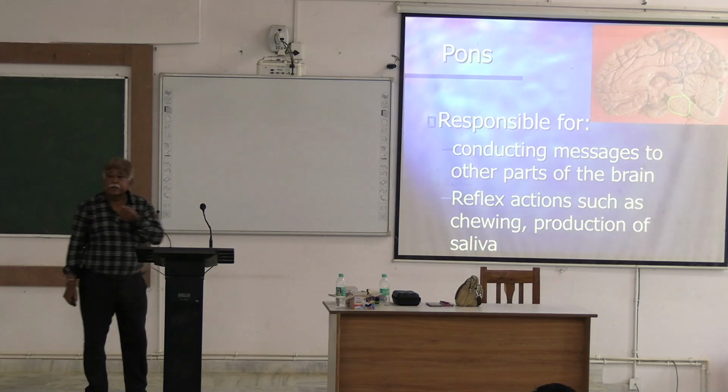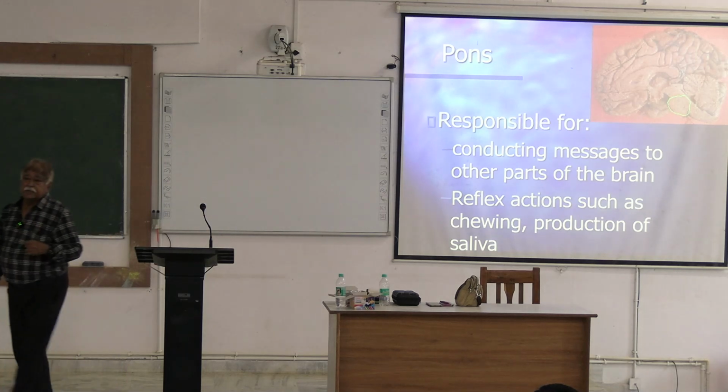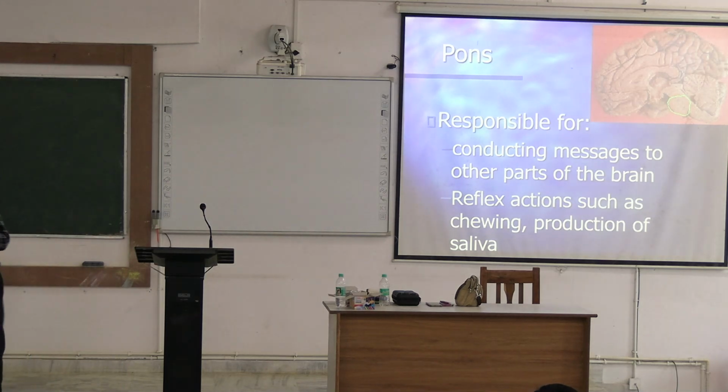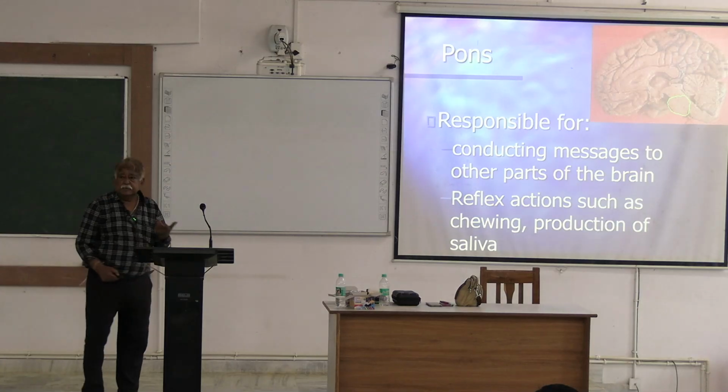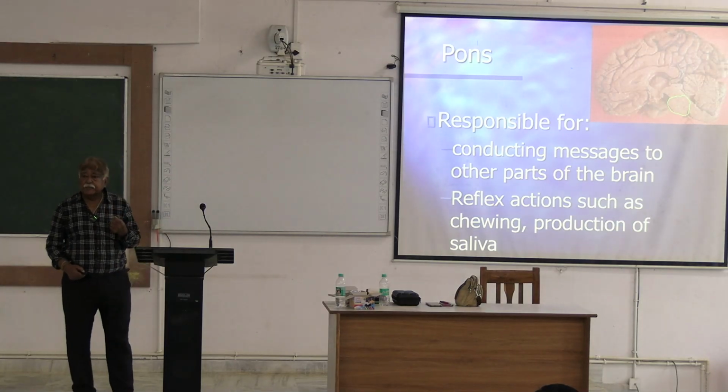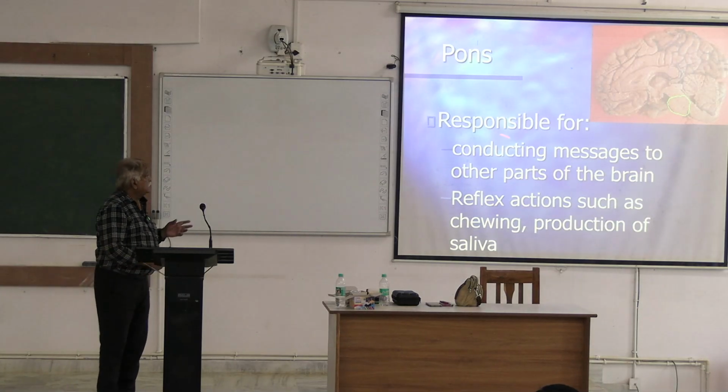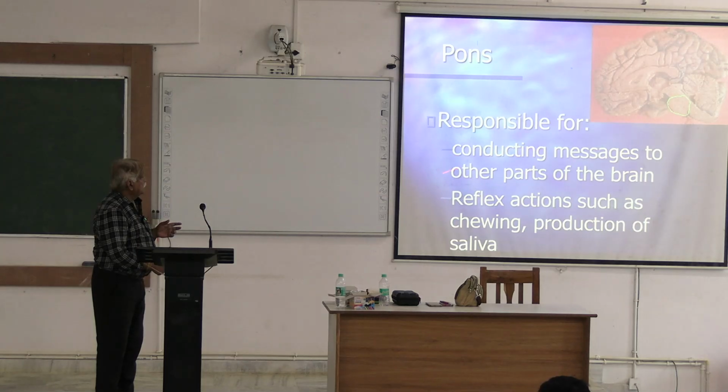See, you take a bit of achar, saliva secretion is there, and you chew something. That is responsible for conducting messages to other parts of the brain, reflex actions such as chewing, production of saliva.